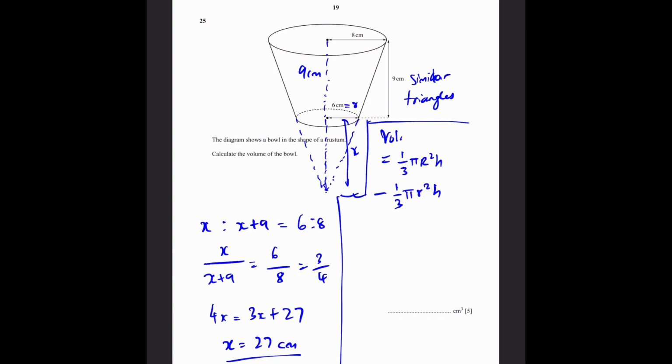I forgot, this h should be capital H since it is the large cone, and this h is small h since it is the smaller cone. In other words, this h is equal to x, and the capital H is x plus 9.